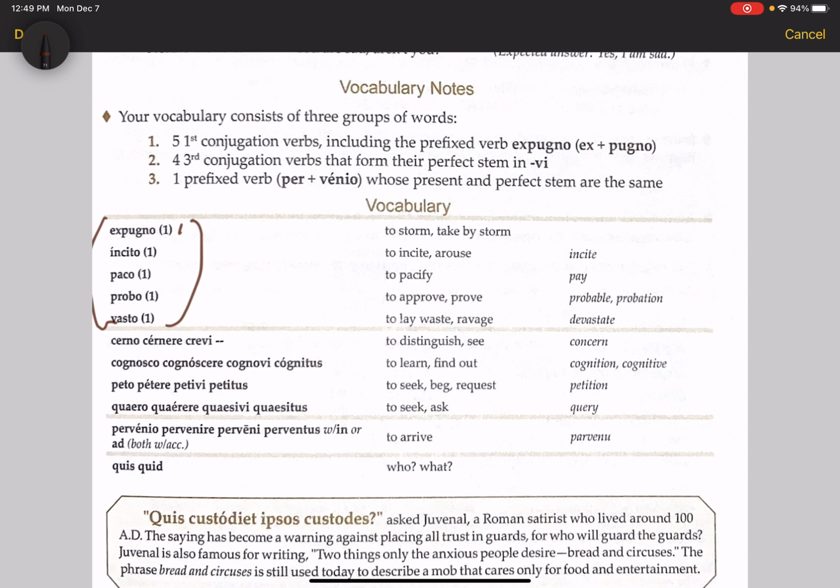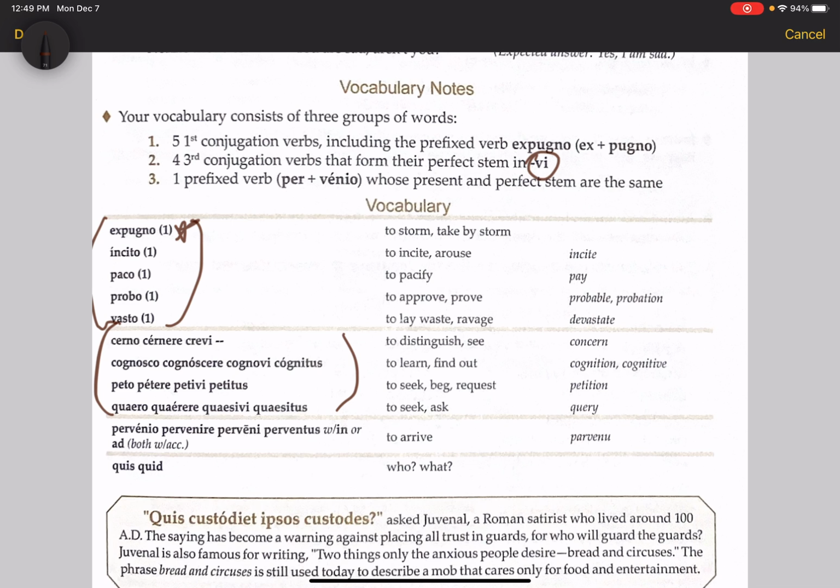Just this first one has a prefix. The rest of them don't have prefixes. The second group of words is third conjugation verbs that form their perfect stem in V rather than something like xi. All right, and then finally we have pervenio.